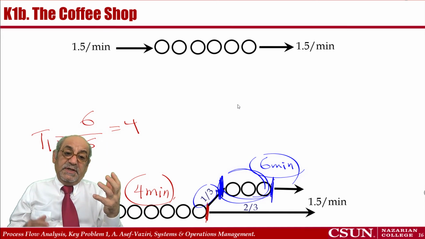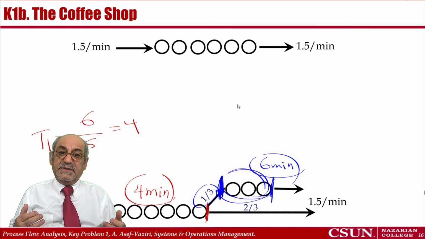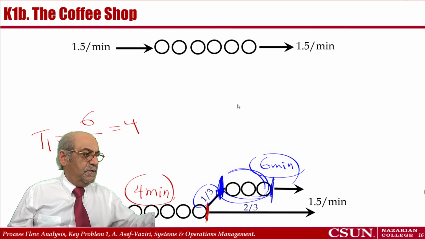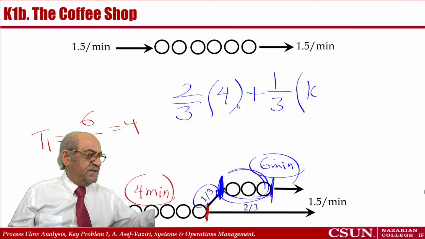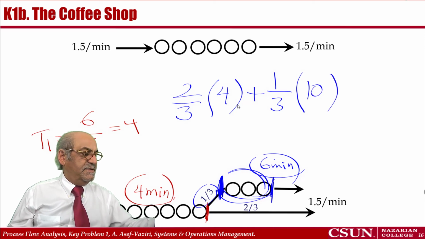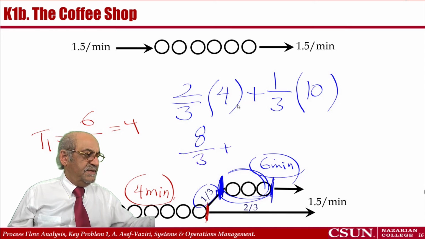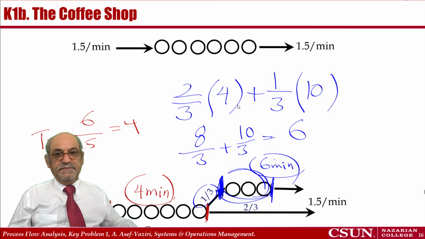Now, how long does it take to pass through this system? 2/3 will be there for 4 minutes, and 1/3 will be there for 6 plus 4, which is 10. That is 8 over 3 plus 10 over 3, which is 6.